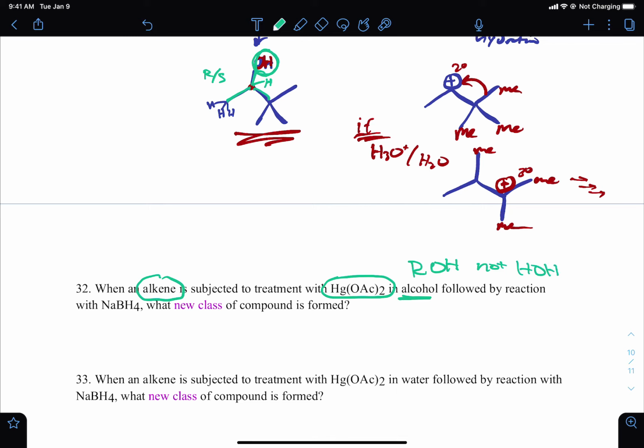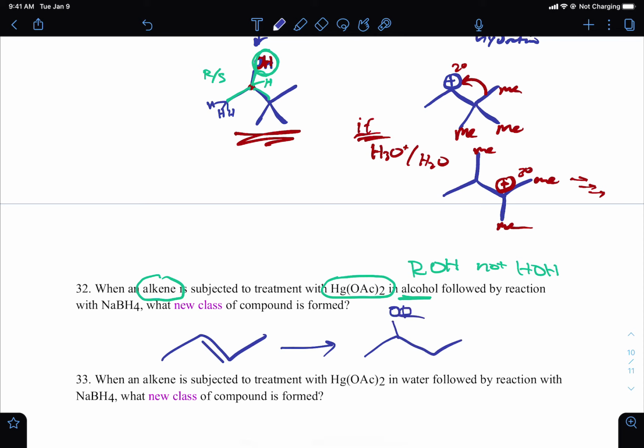Instead of getting the OH in the alcohol, you get OR. So something like this, your alkene, under these conditions, you get Markovnikov OR.